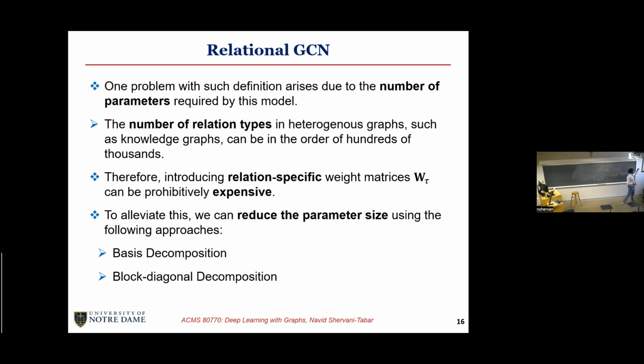For that, we have 2 approaches. We have the basis decomposition approach, where we decompose our relational weights into some basis, and then we have some sharing there. And the second thing that we can use is some sort of sparsification of these weight matrices. We do that through block diagonal decomposition.